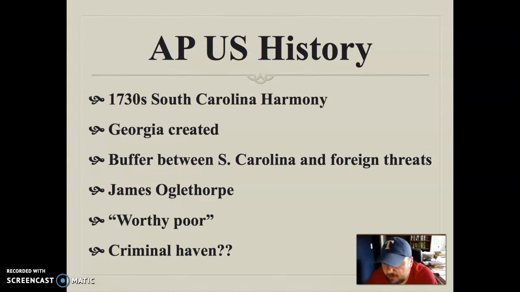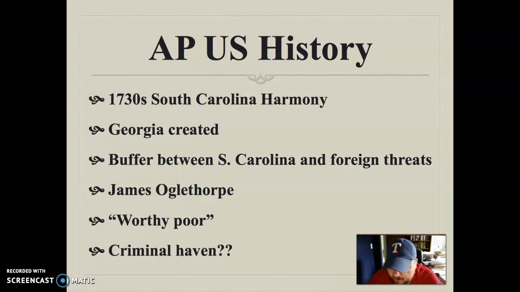Now there's a little bit of misconception that Georgia was set up as a haven for criminals. That's really not true. The rumor has it that England opened up their debtor's prison and just said, you take them to America and let them go to Georgia. That's where they're going to set up. Not really true. Really what Georgia wanted to do was provide for the worthy poor.